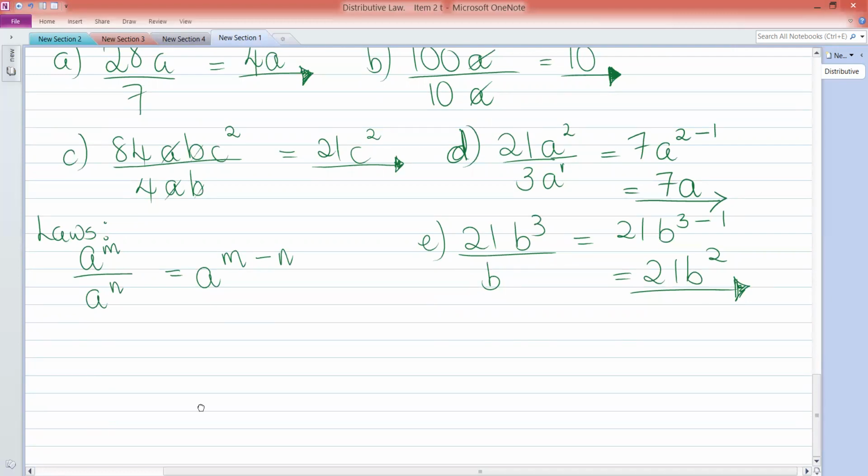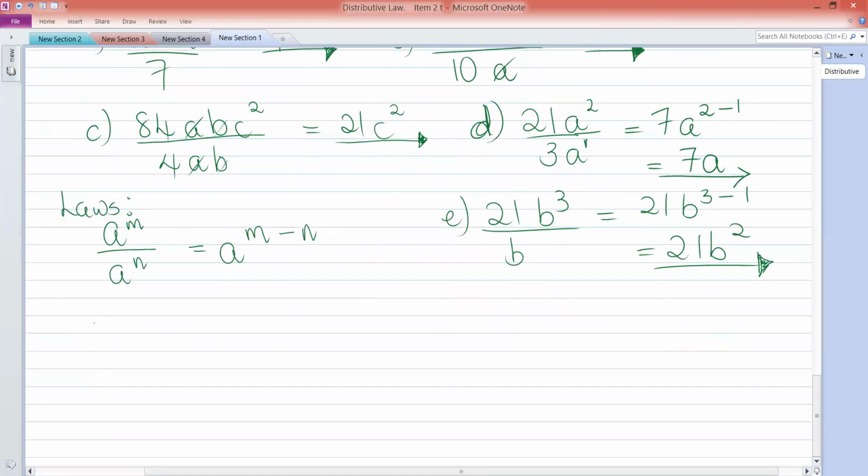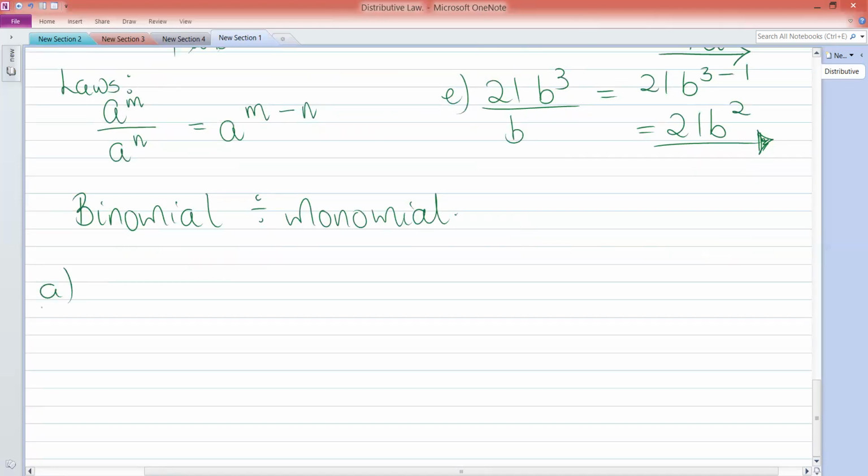Okay. Now I'm going to divide. So we've done now monomial divided by monomial. Let's do binomial divided by a monomial. All right. So let's see.